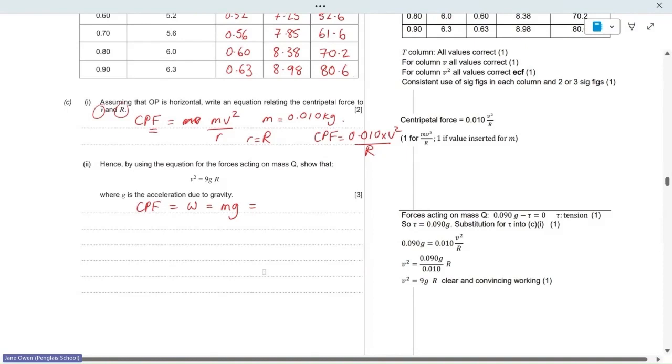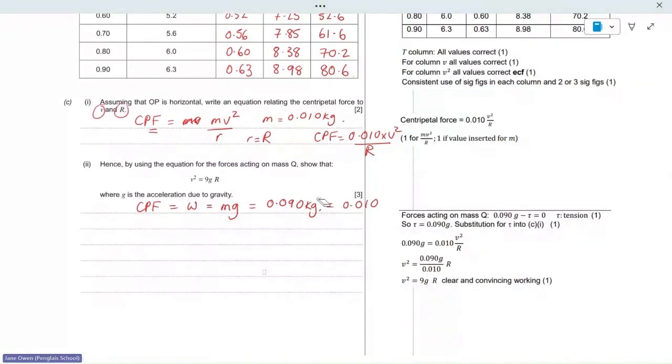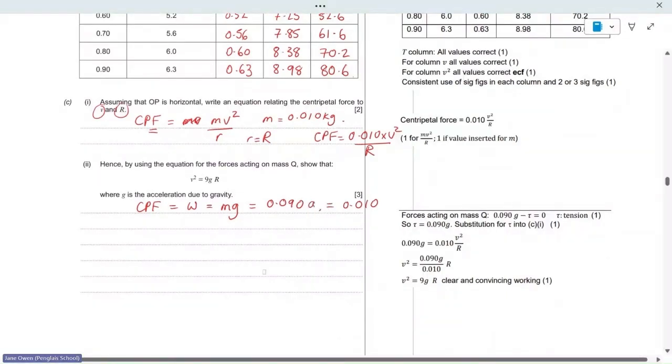And the mass there is 0.090, and that's what's hanging down in the diagram. And that equals 0.09 g, not kilograms, I don't mean that, I mean g.